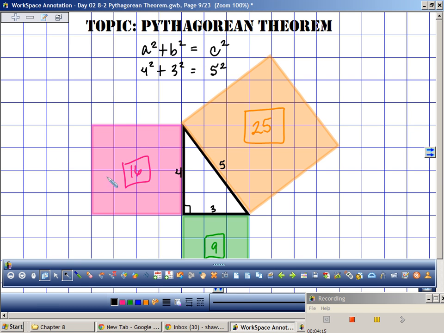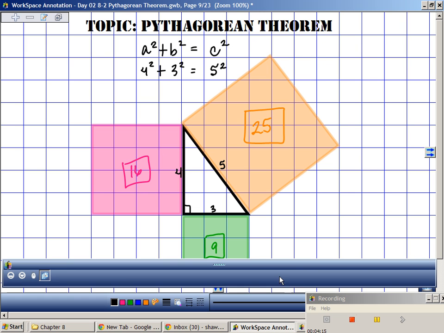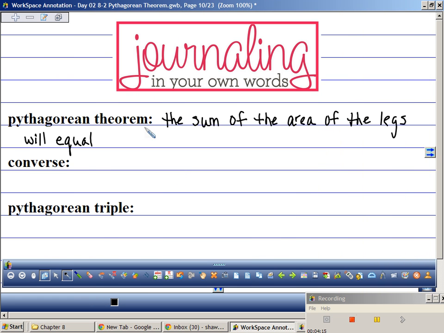This is an area. The side is just the side. But when I square that side, that's how I get the area of the leg. Squaring it is the area. Okay, so the sum of the area of the legs will equal the area of what? The hypotenuse.